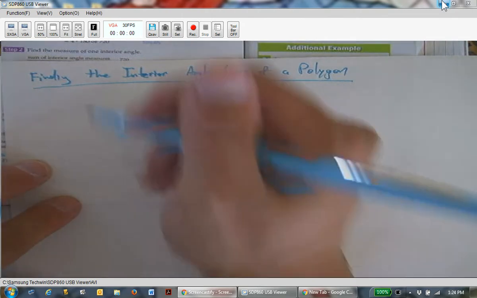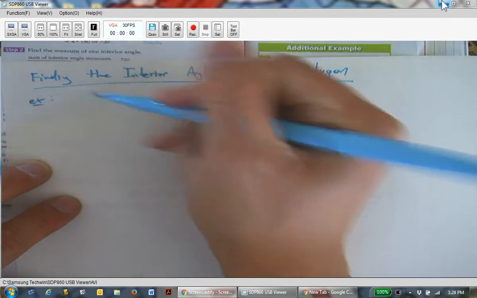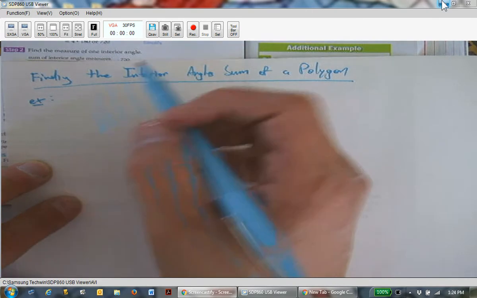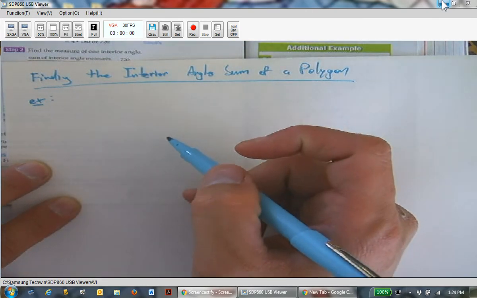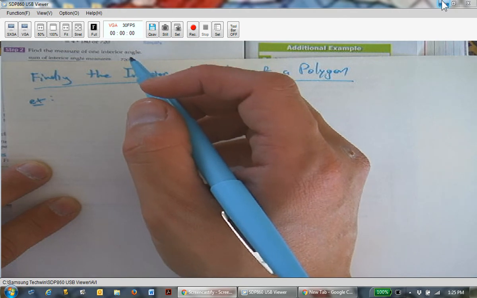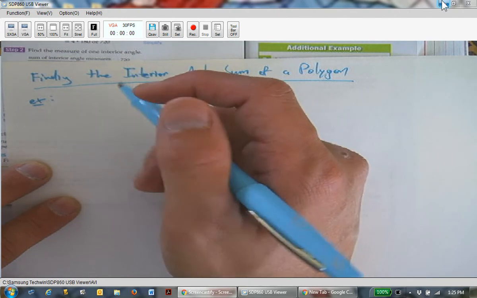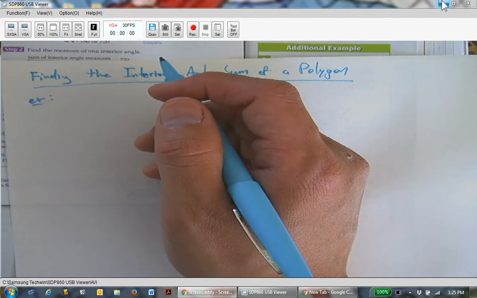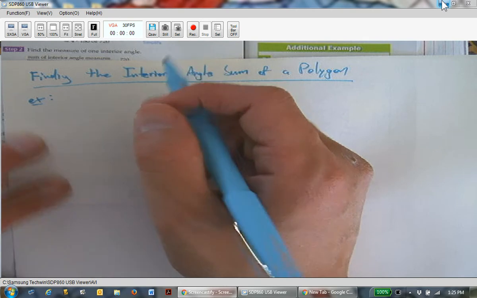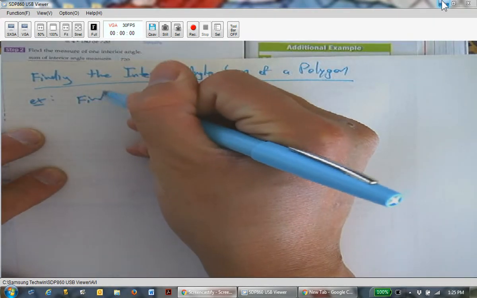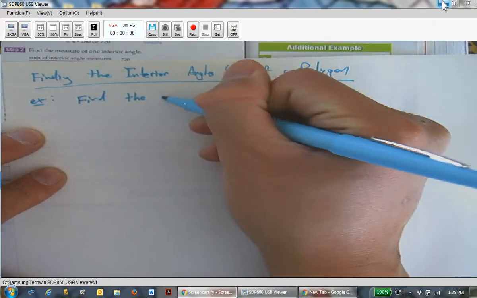Okay. So here's an example of something where you're gonna have to find the interior angle sum of a polygon. So let's see. We're going to find a septagon. By the way, I'm sorry. That was a heptagon. I apologize. Well, actually, let's do something a little bit tougher. Uh-oh. Wait a minute.